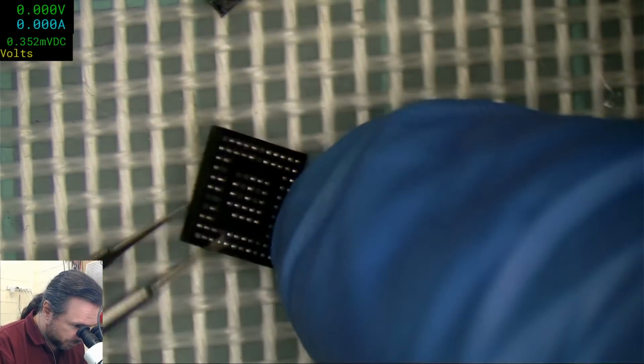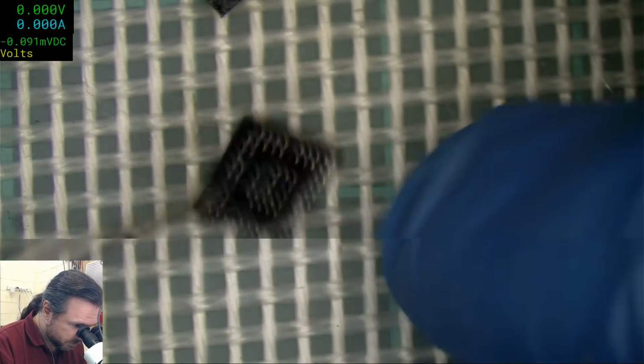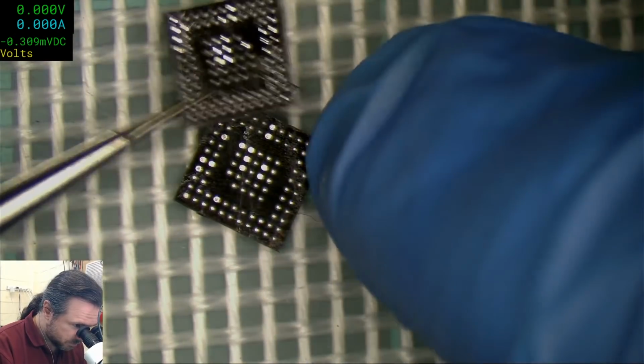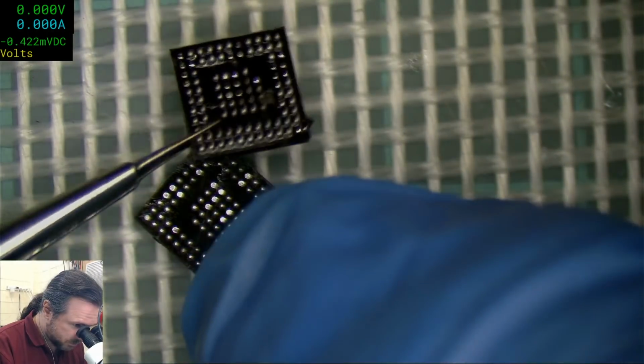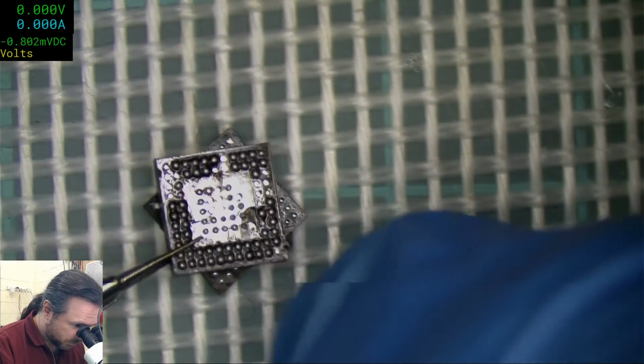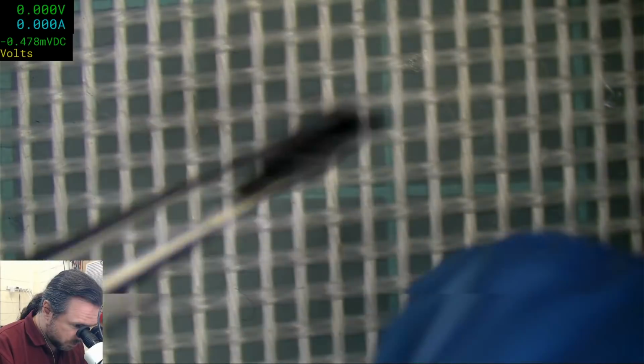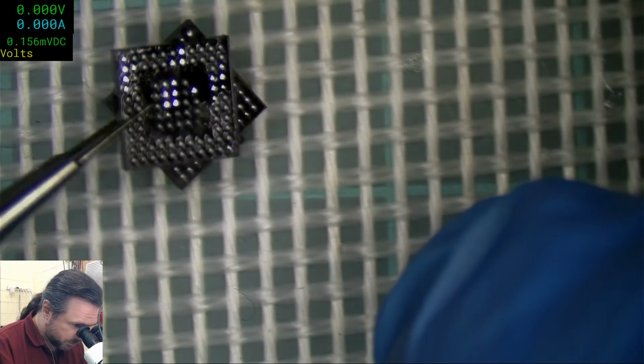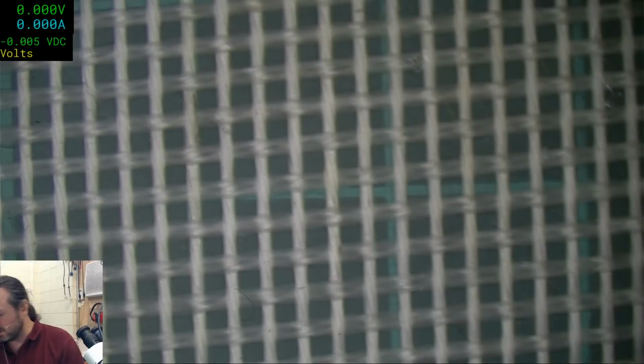Good reason to record everything, eh? Okay, these are the two that came off that liquid damage board. I'm just going to throw them straight in the bin. Yeah, they're gone. They're in the bin.